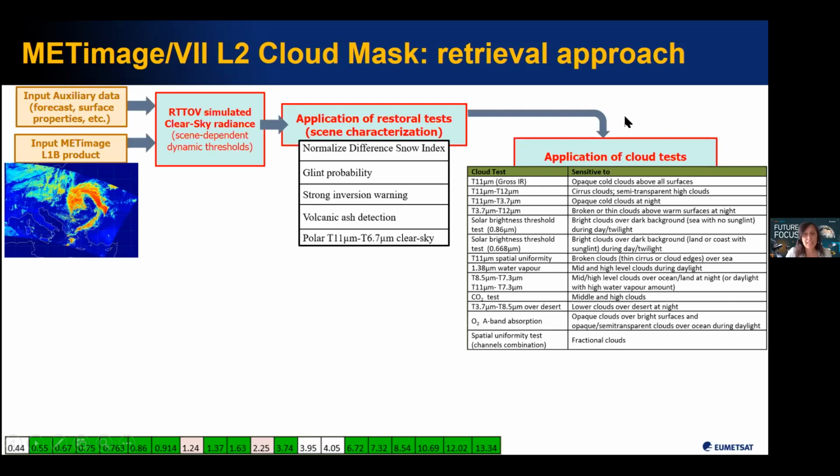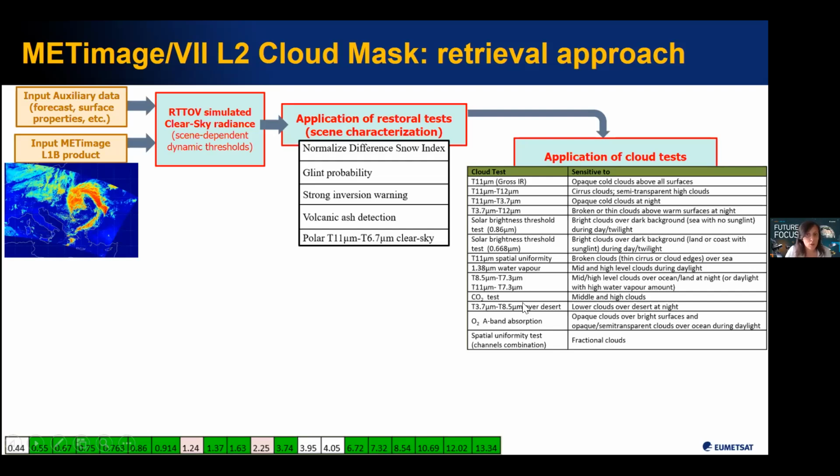So what you see here in the table is basically the list of 13 cloud tests which are applied to the EUMETimage measurement to get the cloud mask. Among them, you can recognize some tests very well known and used historically for cloud mask detection, like, for example, the first test, which is the gross infrared test based on the 11 micron, or the other ones, which are split window tests.